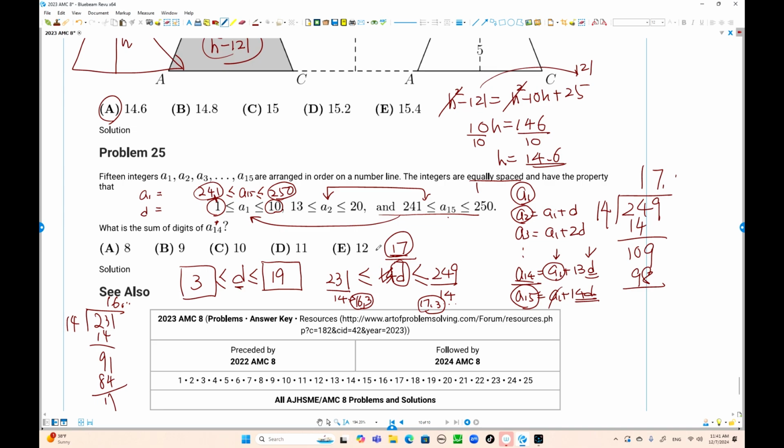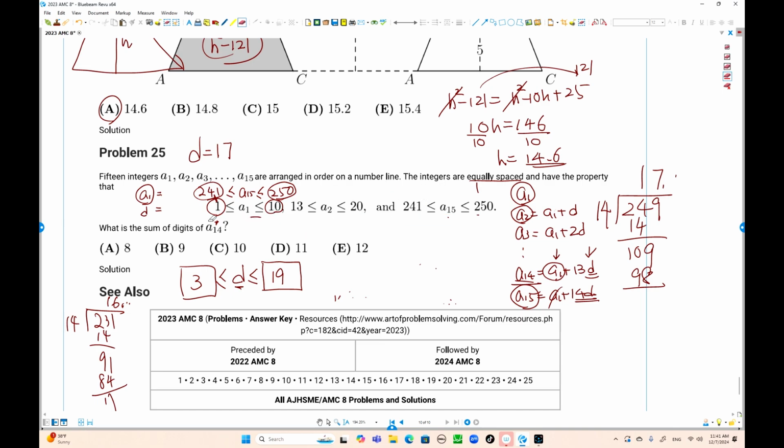Now D equals 17. We still need to find the first number, right? Put this number 17 there. The first term should be between 1 and 10, but that's too much, right? We cannot find it, there are many numbers. Over here, A2 is how much?